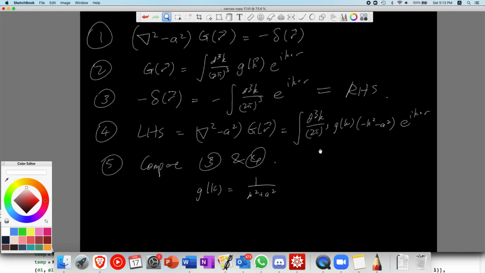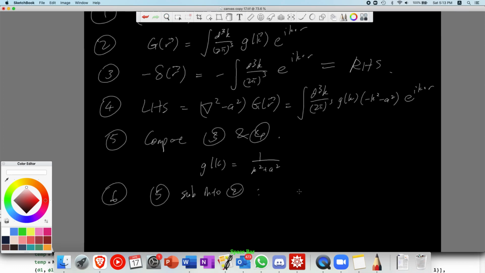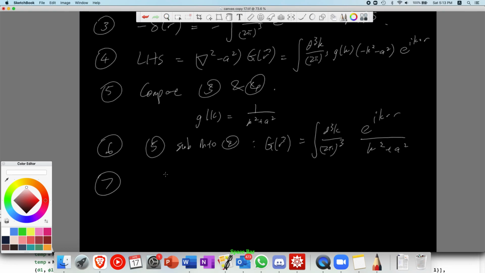So then step 6 was to calculate. Now we take 5 and substitute into step 2, and that gives us g of r equals the integral of d3k over 2 pi cubed, and then e to the power of ik dot r over k squared plus a squared. Then step 7 was to express k in terms of spherical coordinates.